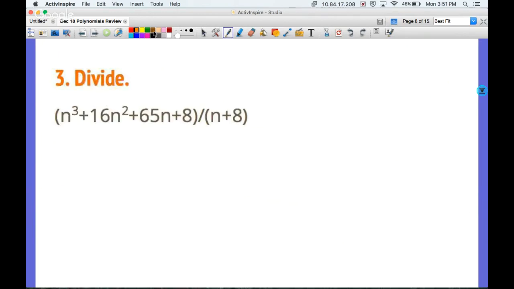All right, divide. This one we can do synthetic division, so we will. The root is at -8. That's because -8 is the value that would make this 0. So that's what we're going to use when we do synthetic division. So let's grab all the coefficients, 1, 16, 65, and 8.